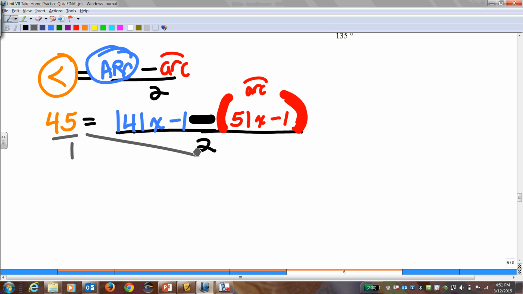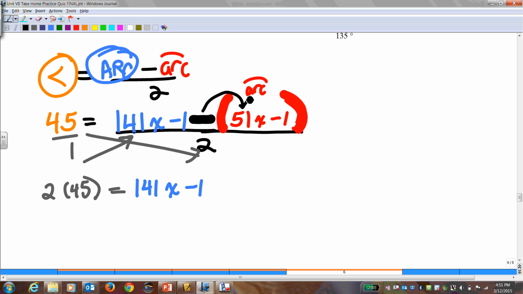Put this over 1, we cross multiply. We're going to end up with 2 times 45. Now watch, I'm going to keep my colors here so you can see it. 141x minus 1. Very carefully draw your 2 little distributive signs there. We actually have to distribute that negative sign. So we're going to go minus 51x plus 1. Now you collect like terms.